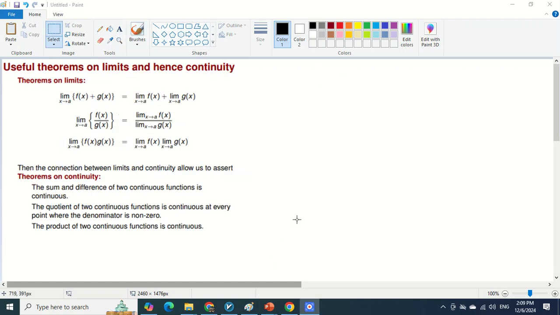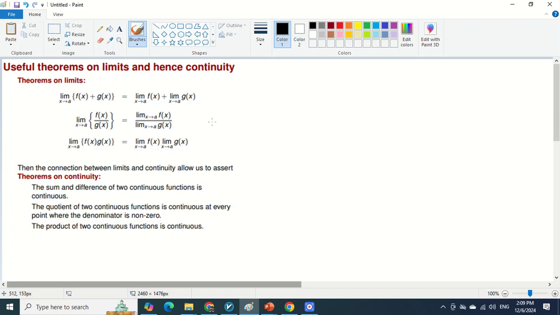As you can see over here, we have some useful theorems about continuous functions. We have several theorems, but roughly speaking we can say that as long as you can calculate and evaluate the value of a function at some point, that function is continuous.